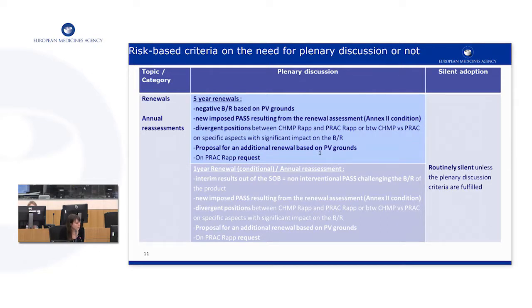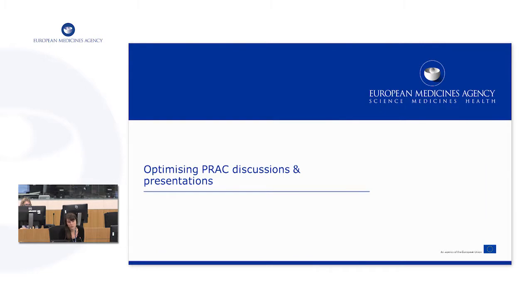So all the other cases would go for silent adoption, and I think these procedures are actually rarely discussed at PRAC. They go mainly for silent adoption, but still, when they come, usually it's for a quite serious issue, so they may deserve a good slot for discussion.